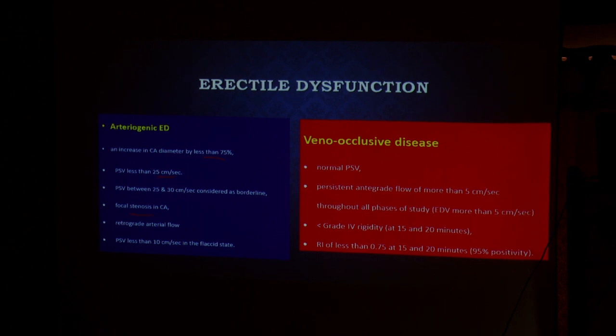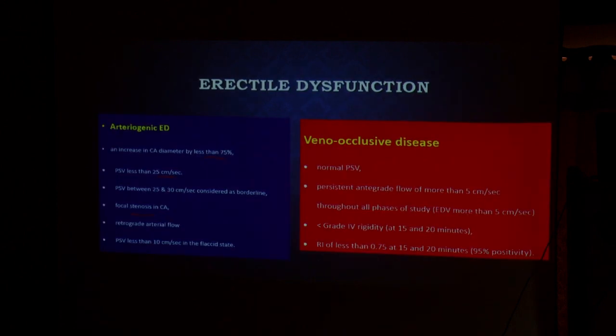In veno-occlusive disease, you will see a normal PSV value, the end diastolic velocity will be more than 5 centimeter per second, and the RI value will always be less than 0.75. Here the RI value was 0.9, so that RI was normal. This is how you differentiate between arteriogenic erectile dysfunction and veno-occlusive disease.